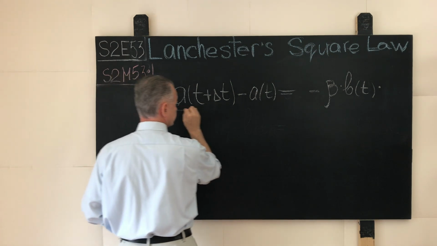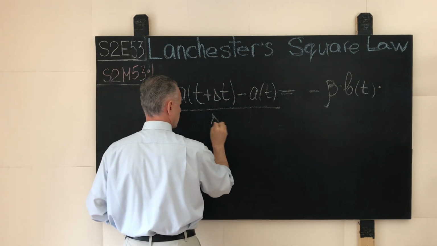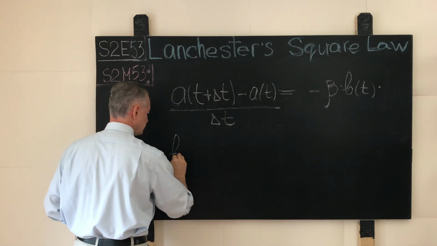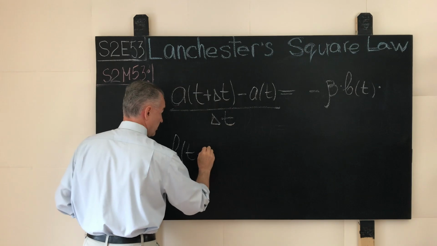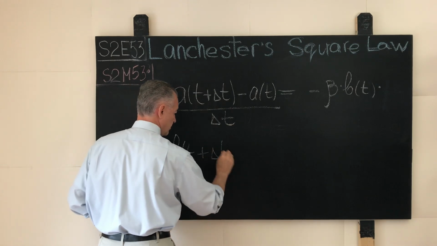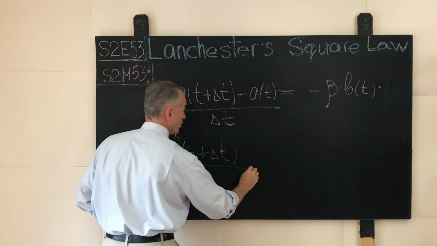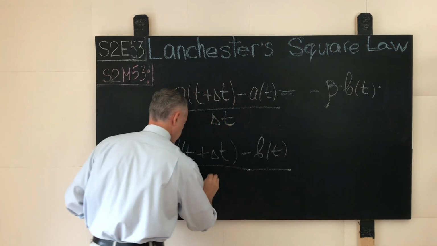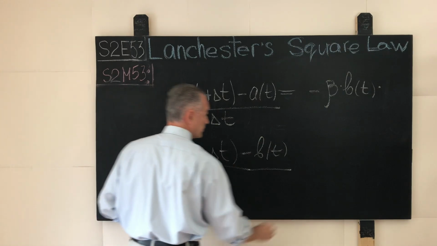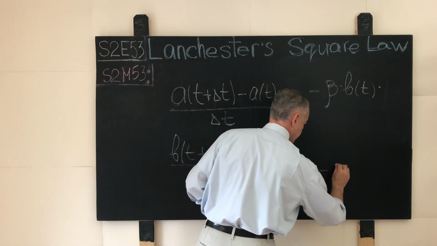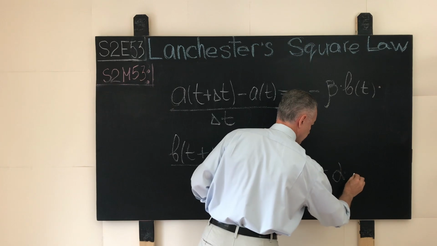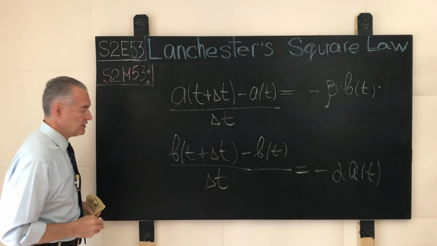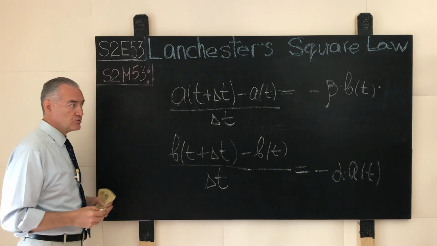We divide this by delta t, and we had the similar deal with the mathematics of the population of the army B: B of t plus delta t minus B of t, over delta t, that is equal to negative alpha times a of t.